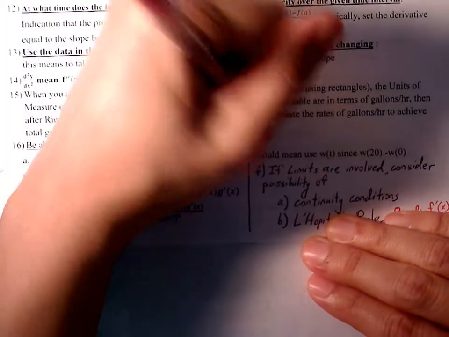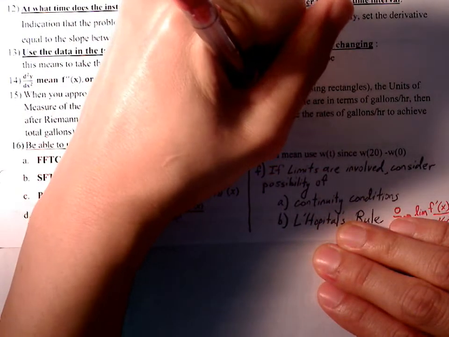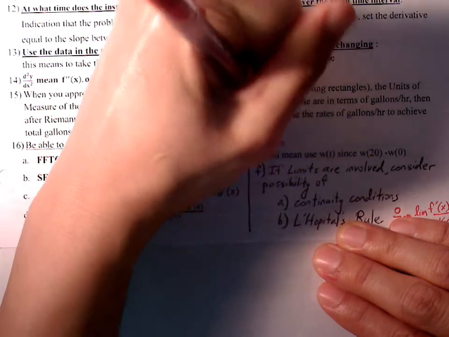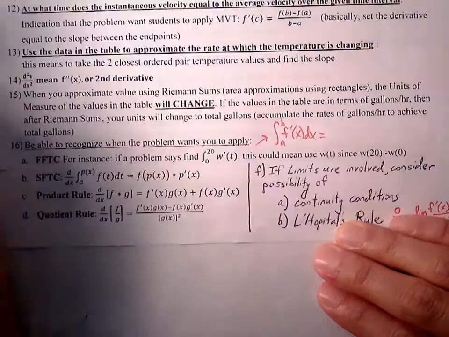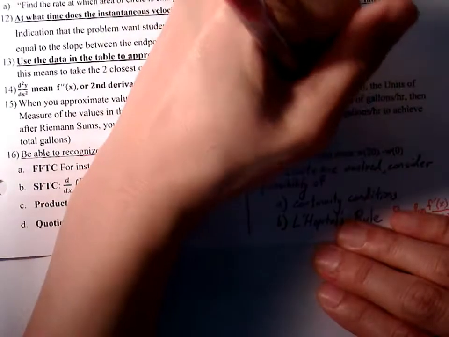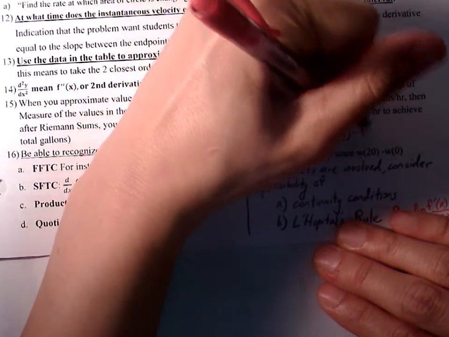For instance, if I have the definite integral from a to b of f prime, that's going to produce f of b minus f of a.